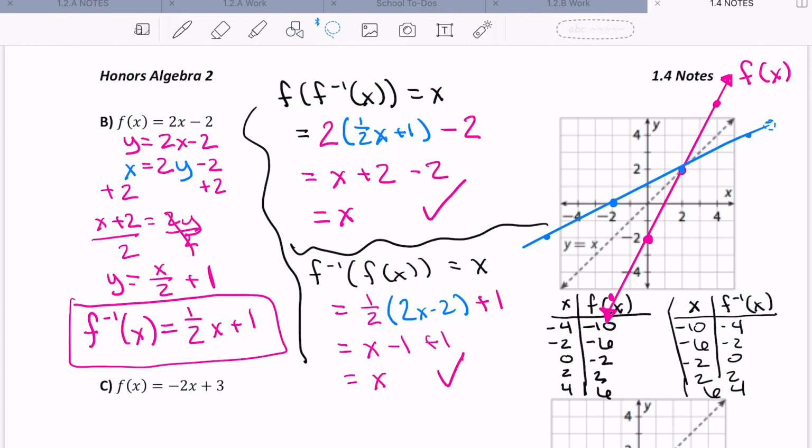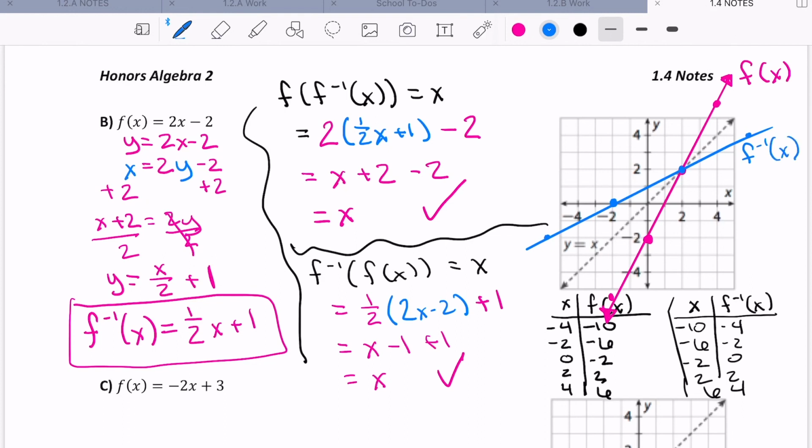So I'm going to see if I can move this a little bit because I know that it has to cross through that intersection because I know that both of them intersect at 2, 2, right? They both pass at that point, so you need to make sure that's happening there. Label it. This is my inverse function, and we have our graph.